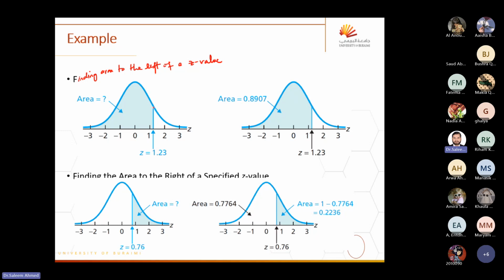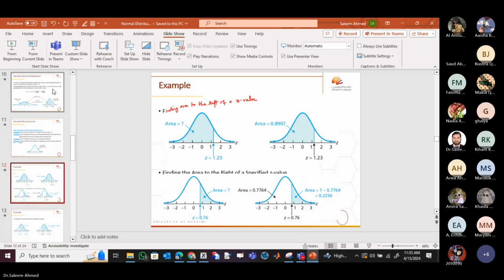If any z value is given and you want to find the area from the table, it will come directly from the table. Why? Because the table gives you the areas to the left. I can show you the table.